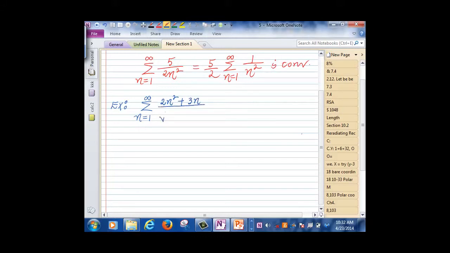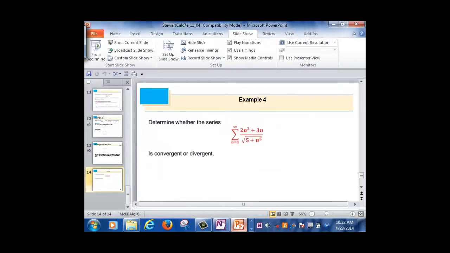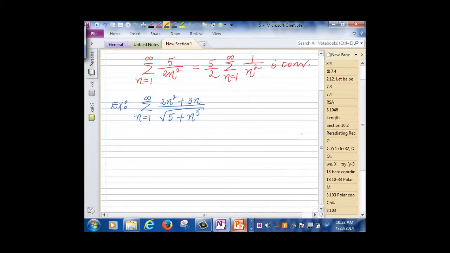Divided by, I have a root, and what's that? 5 plus n to the 5. So that's the series that I have. First of all, what did you guess? Is this convergent or divergent? What's your guess? Is it a convergent series or a divergent series?